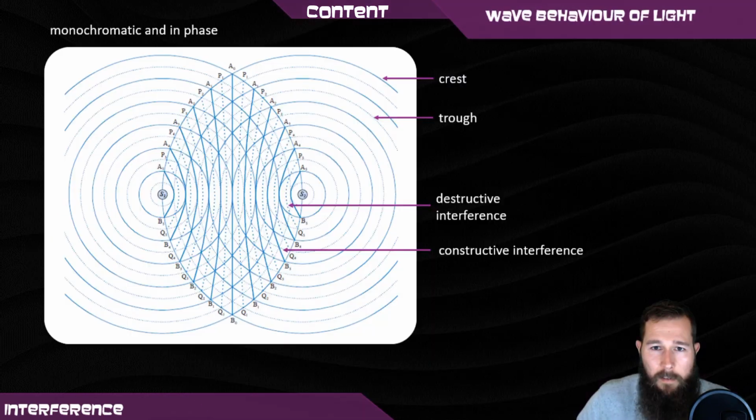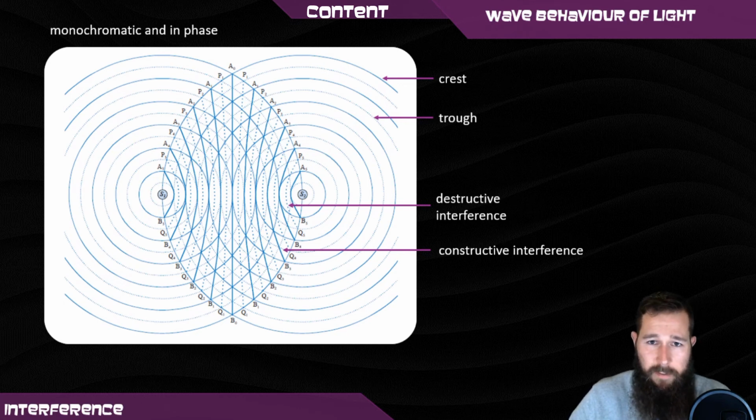So looking at a situation where we've got two sources, 1 and 2, this diagram looks at both of them emitting monochromatic light that's in phase. So you can see both emit crests and troughs at the same time. The crest is denoted by a solid line, a trough is a dotted line, and the interference that's produced is the lines that go from A to B or P to Q. Let's look at this point where the cursor is there.